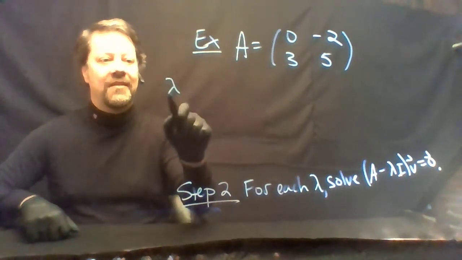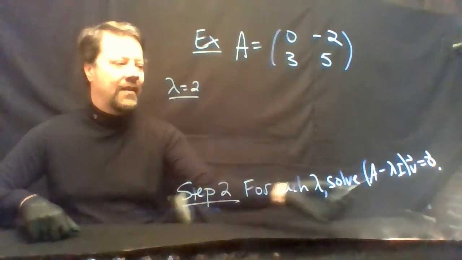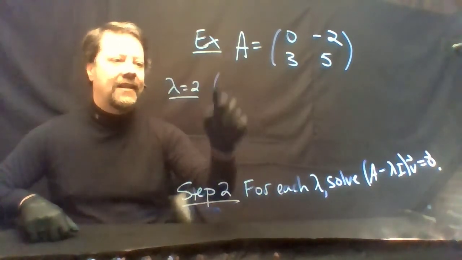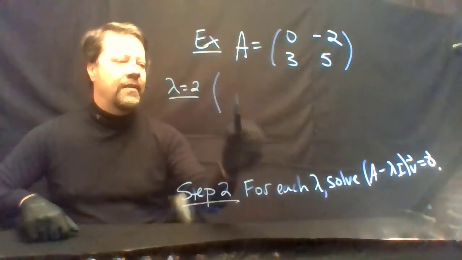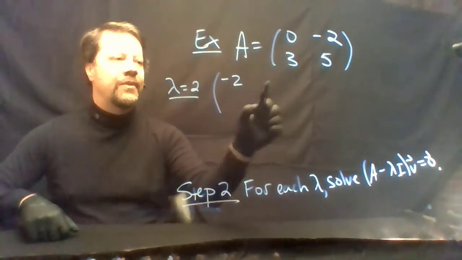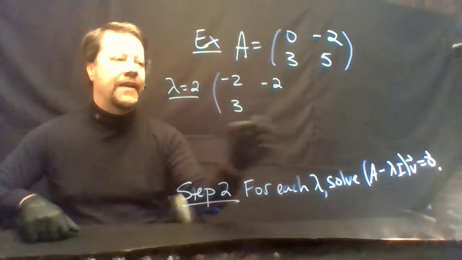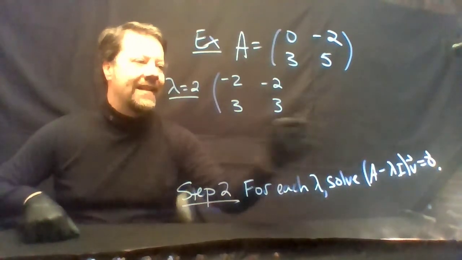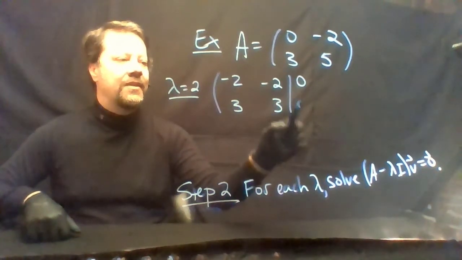Let's start with lambda equals 2. With lambda equals 2, we are subtracting 2 from the diagonal elements of this matrix. We'll have -2, -2, 3, 3. We're solving for v. The right-hand sides are 0, 0.